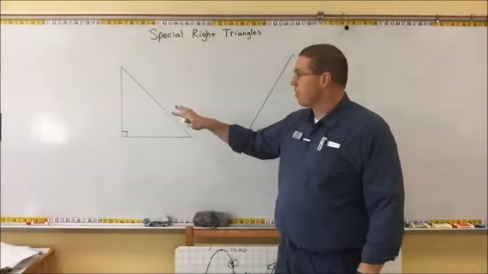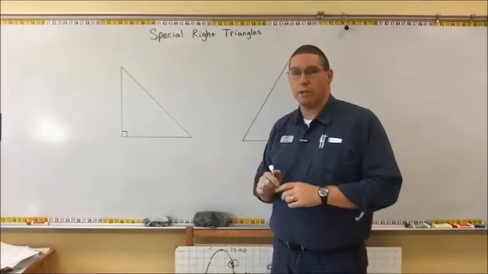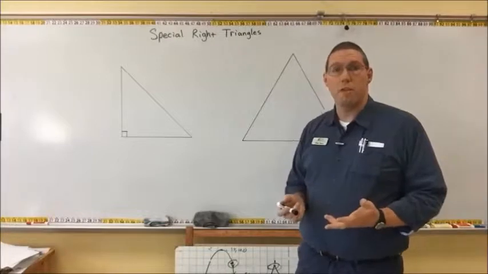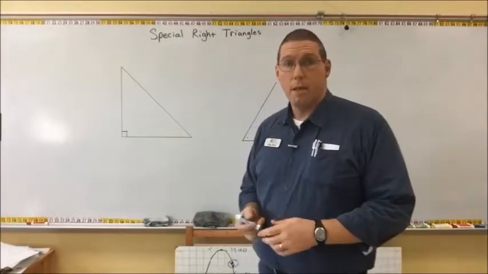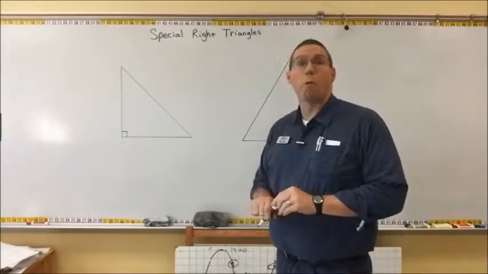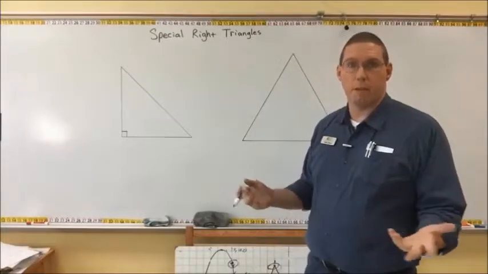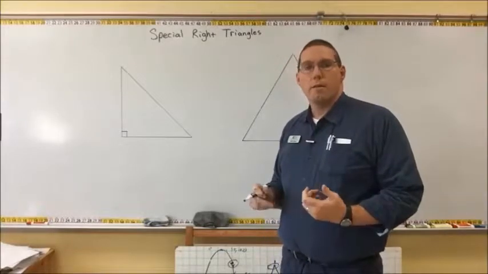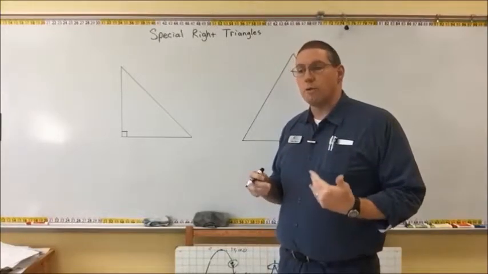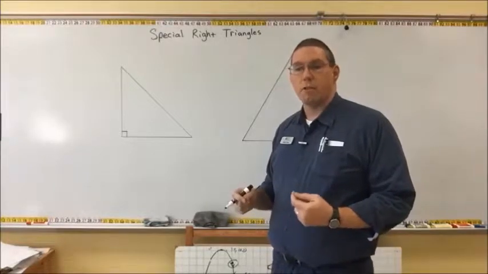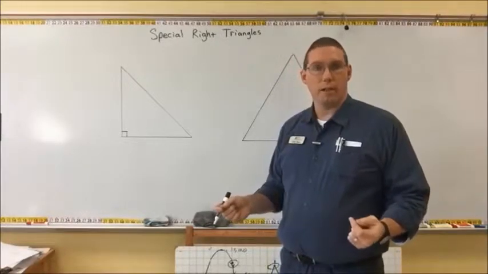Before we discuss any of the qualities of this right triangle, the first thing I want to do is review the Pythagorean theorem. It's not really a formula, though I'm sure you think of it as one. What it really is, is a relationship among the lengths of the three sides of any right triangle.